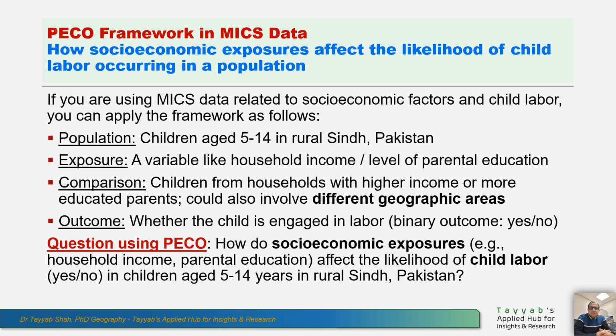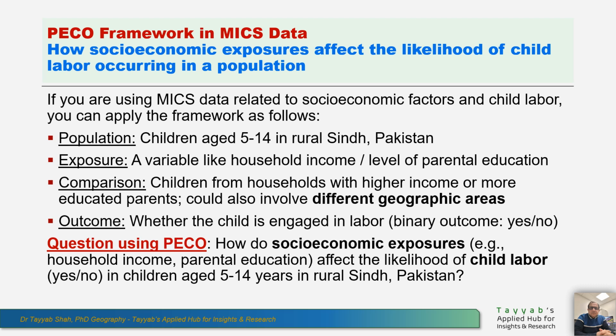Income usually has quintiles, so they have five categories where the household could fall in one of those, from the poorest to the richest quintile. And the same thing with parental education, from no education to the highest level of education, and that could be grouped in different ways.